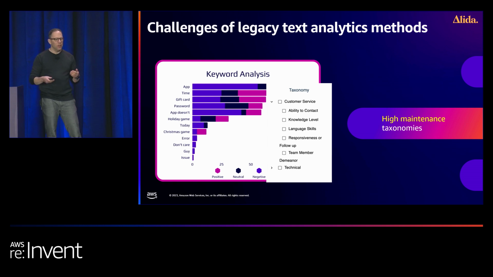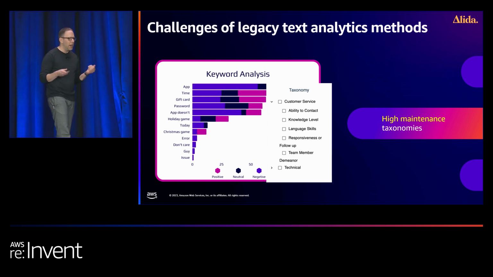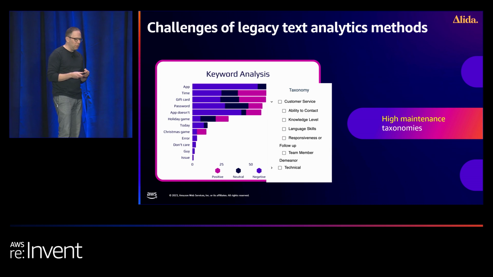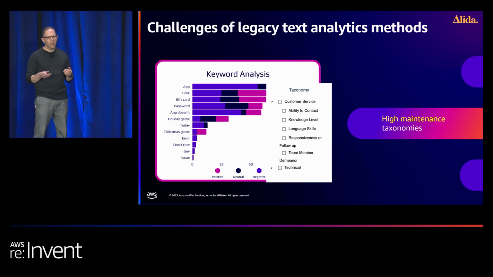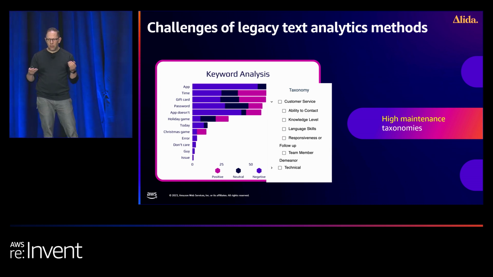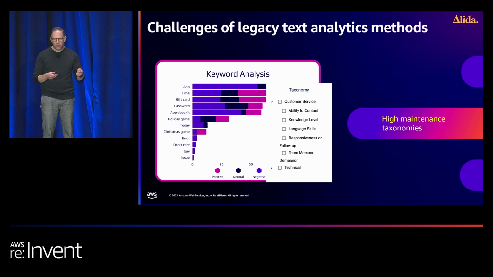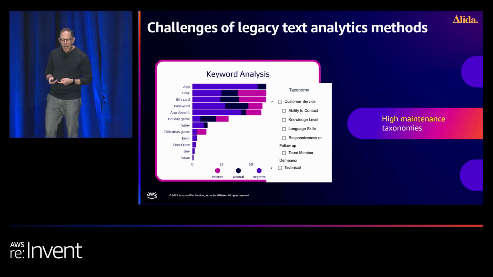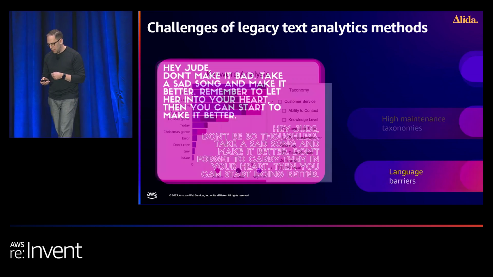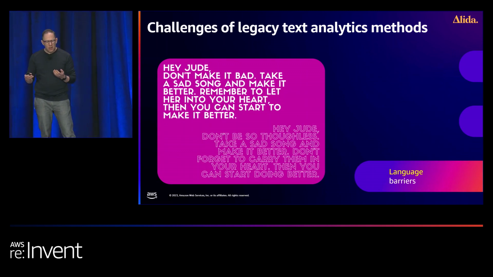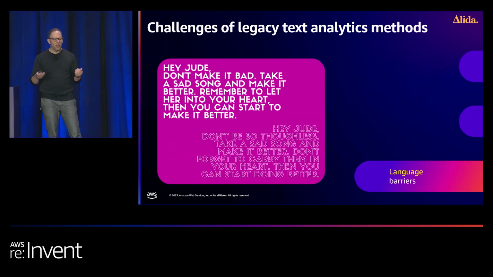And in order for us to do that in that sort of pre-generative AI world, what we would do is we would train the model on several examples for the customer, maybe a CSAT thing, but we weren't able to actually extract value from that without doing this on a one-off basis for every single customer. And we like to do that. And lastly, you had to translate everything into English.